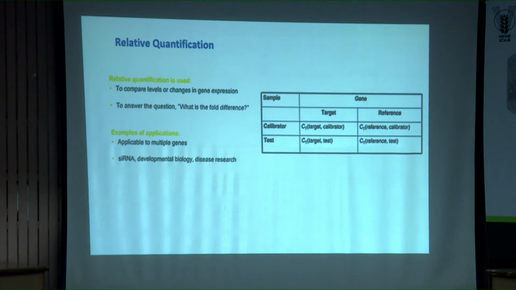Come to a fungus: the fungus grown in the absence of an inhibitor, or you are studying the effect of temperature on a fungus. What happens when the fungus is exposed to high or low temperature? Definitely you will keep a control at which the fungus grows normally, right? That is what is called the calibrator. The test is the one where you change the conditions.